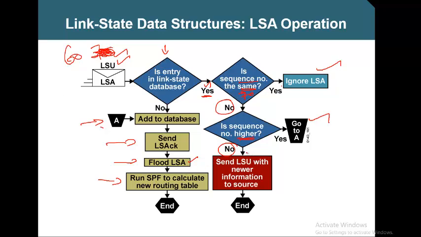If it is not higher, then the sender is not updated. You got an update, latest one. So you are supposed to inform the sender, the source, about it and then end the process. This is how the link state database is getting updated from time to time.